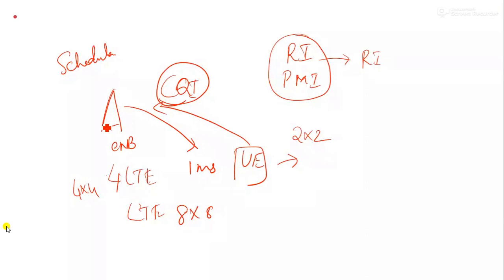We need to have some matrices, which are inbuilt, so those indices are also indicated by the UE. It's related to your rank indicator only. Inside rank indicator, there are multiple matrices available, which is the precoding matrix indicator. That is also mentioned by the UE while sending the CQI value. So while sending the CQI value, it will also send these two along with it.